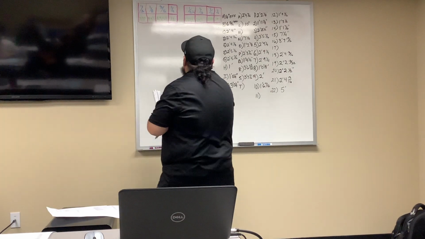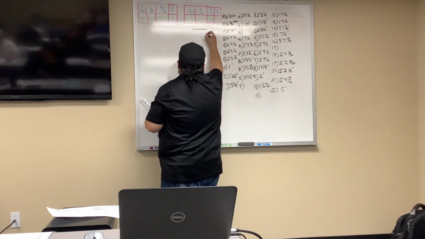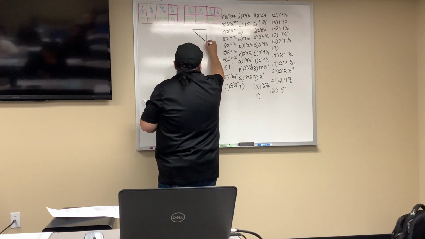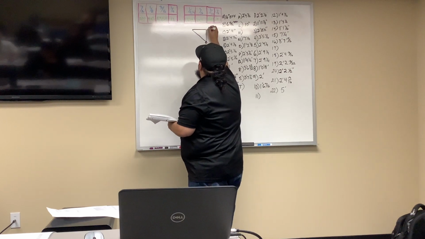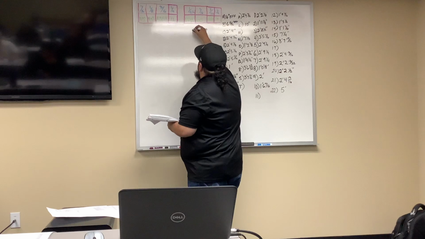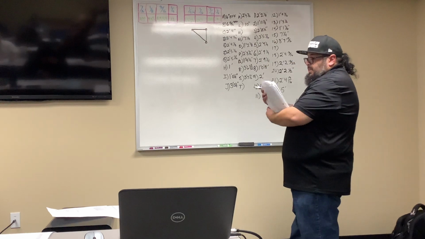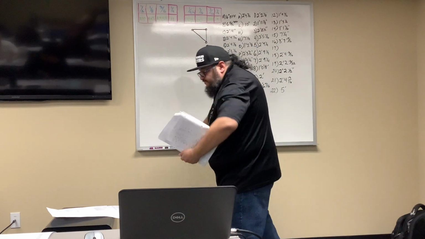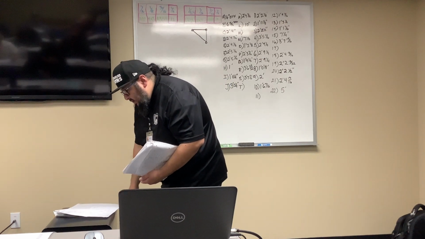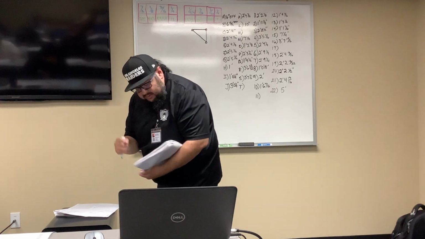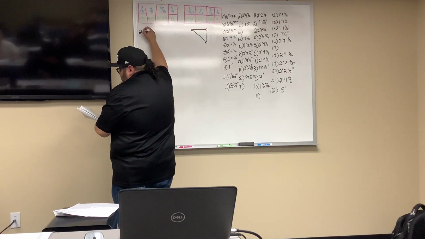If I write it up here, our triangle is going to look like this: this being our drain, this being center of stud, and this being our vent. So in order to calculate this, we're going to start off with length number 1, which is 2'2" and 1/8.